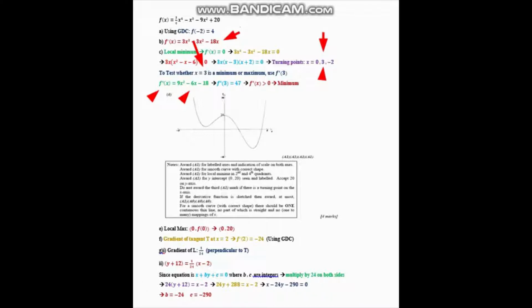Since the answer I got was positive, the curve has a positive concavity. It looks like it's smiling, as you can see. Hence this point is a minimum. You don't really need to talk about concavity, you just mention that since f double dash is positive, the point is a minimum.